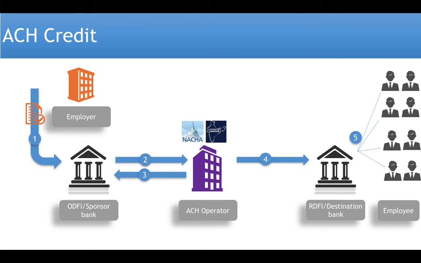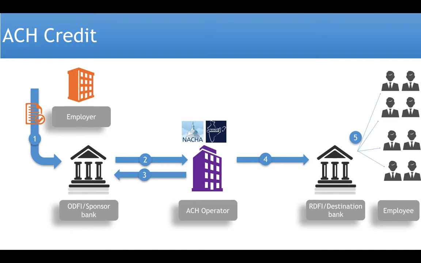The destination bank will segregate the records of that file. Suppose X person has to be credited with the amount XYZ and Y person with ABC, then that amount will be credited.